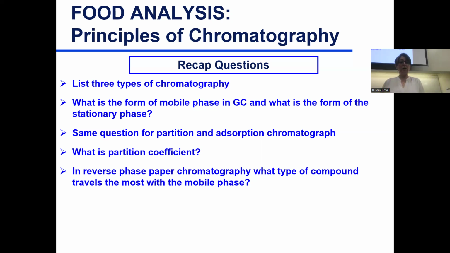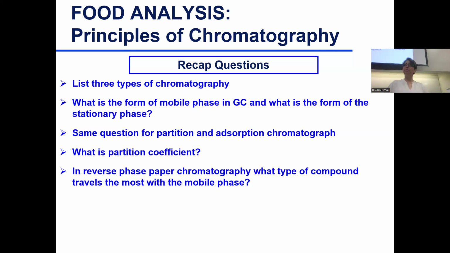Okay, so in reverse phase paper chromatography, what type of compound travels the most with the mobile phase? In order to answer this question, in reverse phase paper chromatography, which phase is polar? Do you remember? Is it the mobile phase that is polar or the stationary phase?